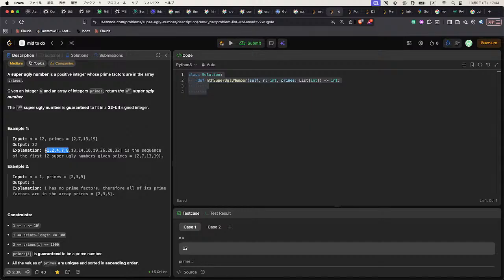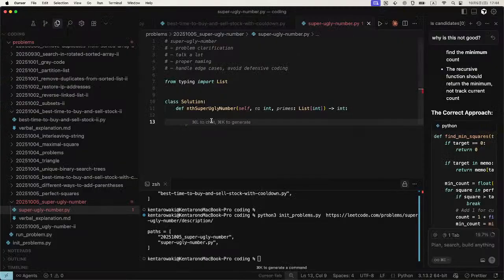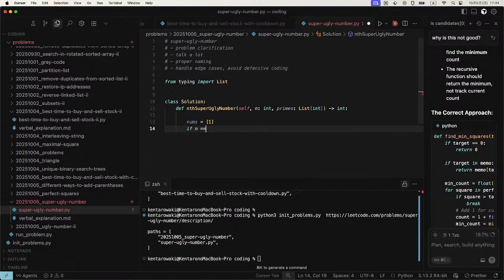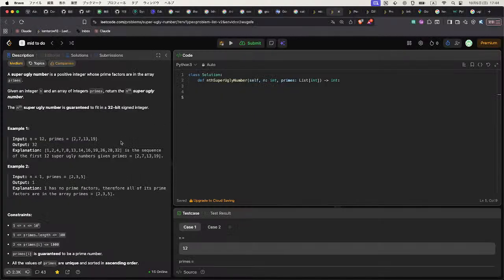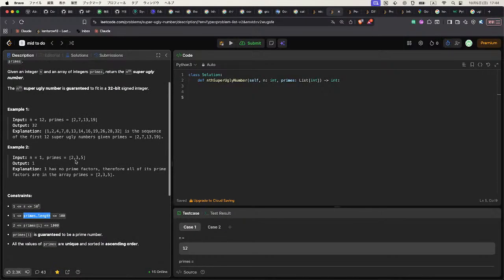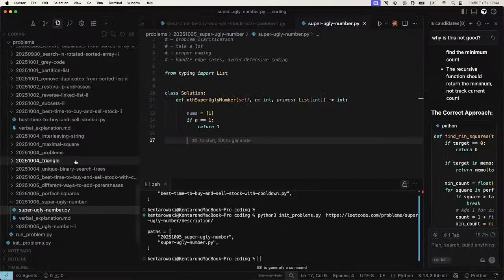And the super ugly number must start with 1, and the primes length is 100 at most. Okay, got it.